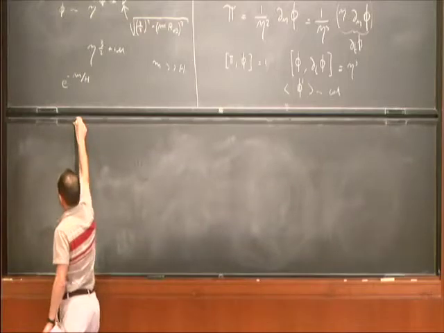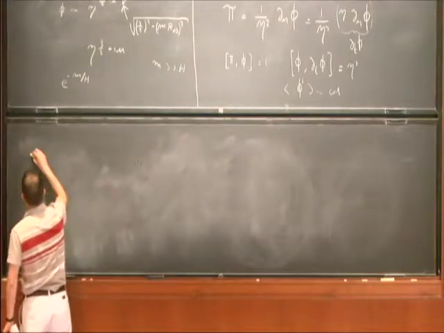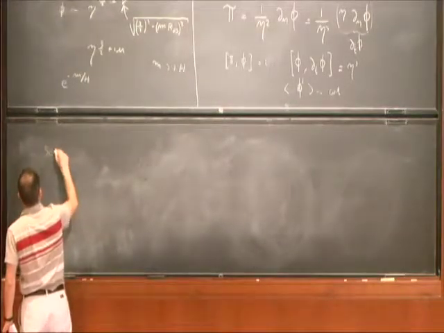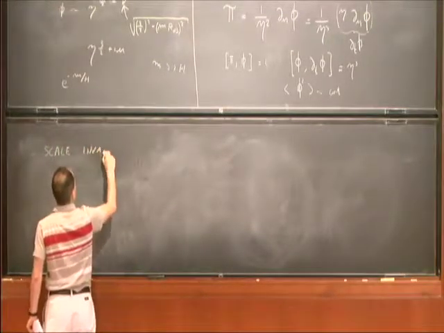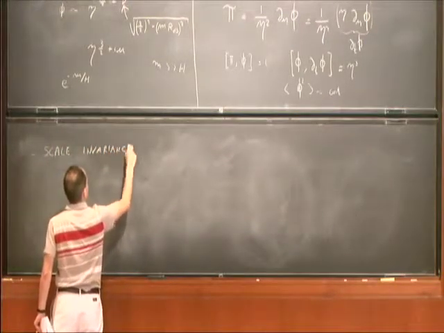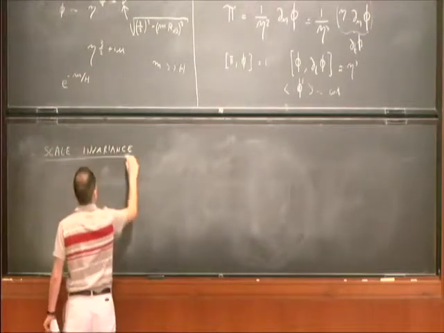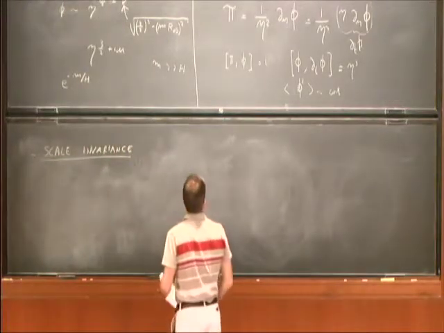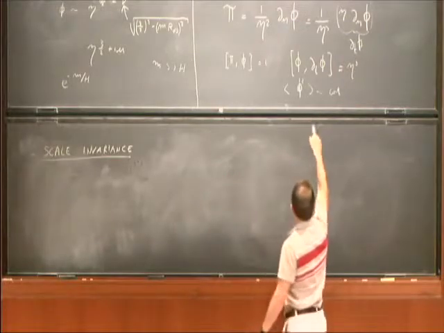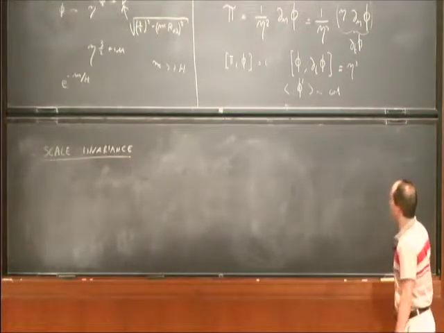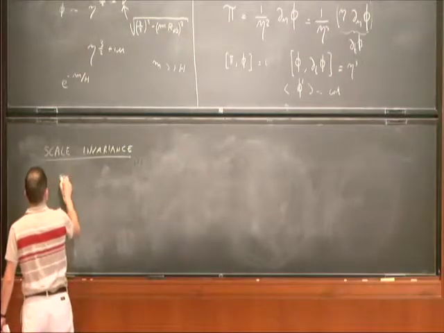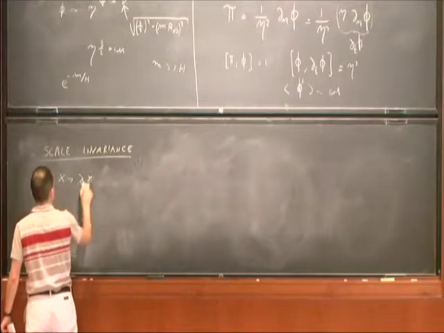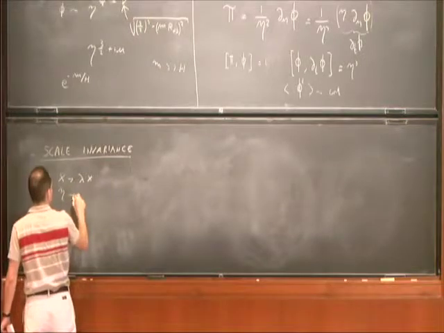Now, the second point I want to emphasize was scale invariance. We discussed the metric of de Sitter space. Notice that the metric of de Sitter space is symmetric under changing x to lambda x and eta to lambda eta.